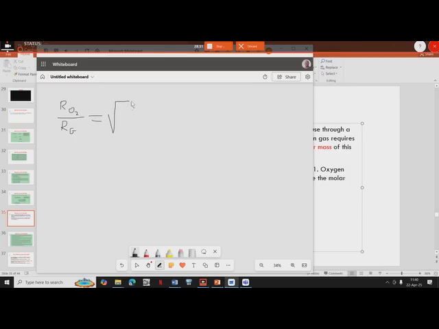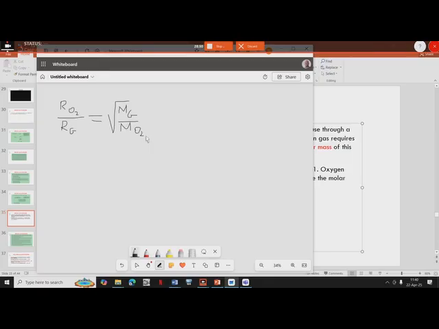So RO2 over the rate of gas G, RG, like this, should be equal to the square root of the mass, because they are inversely proportional.